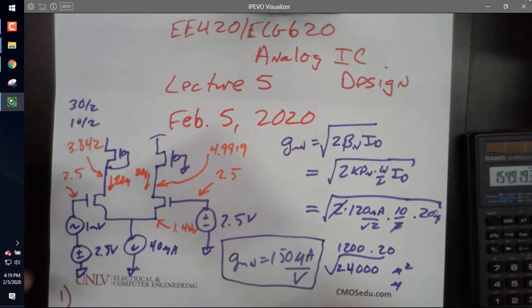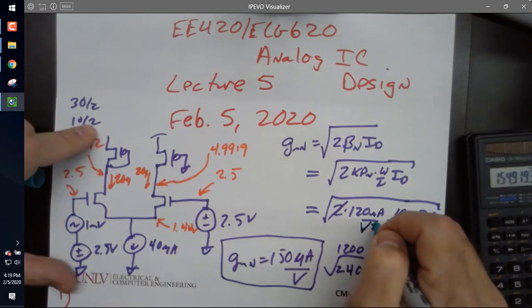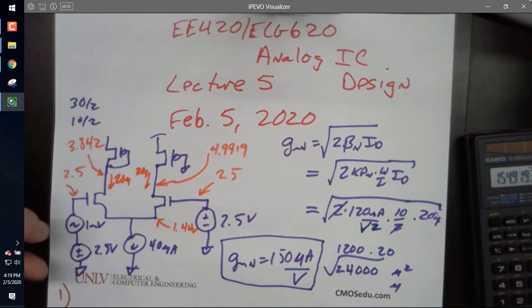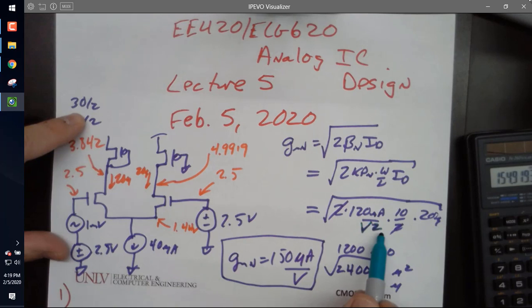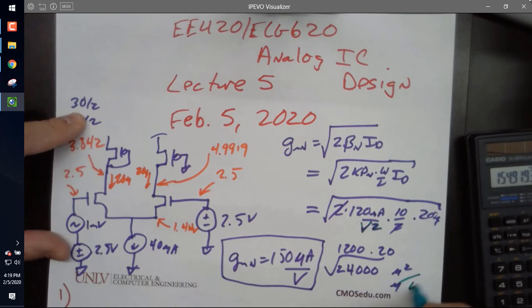Anybody cool with that? Yes? That's volt squared. I was actually thinking about that, because KP is microamps per volt squared, so you got microamps, volt. This is per volt. Looking good?